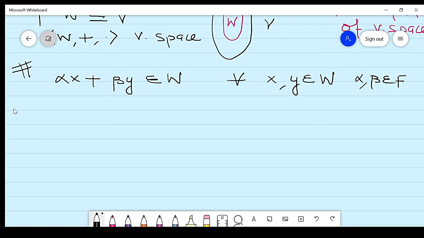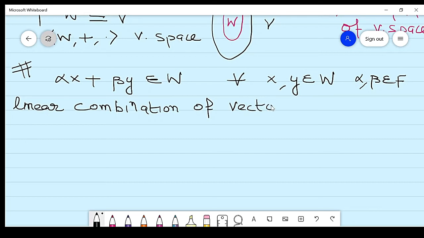Now next is linear combination of vectors. So what is a linear combination of vectors?